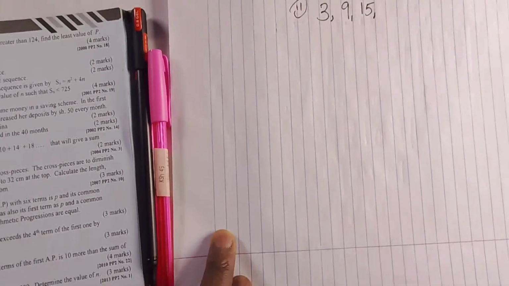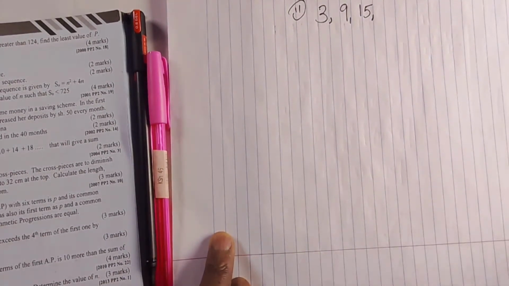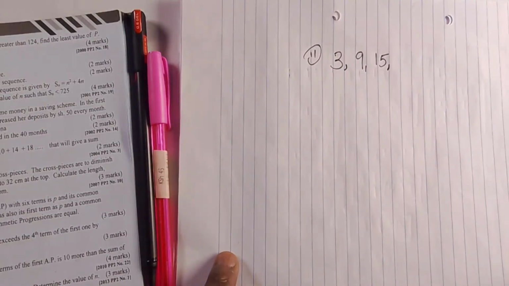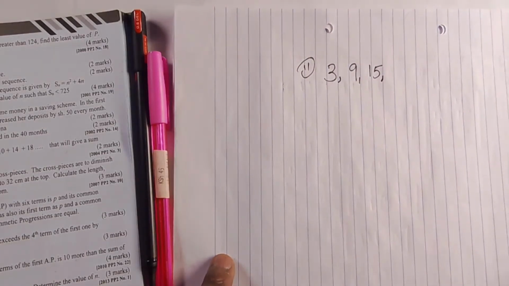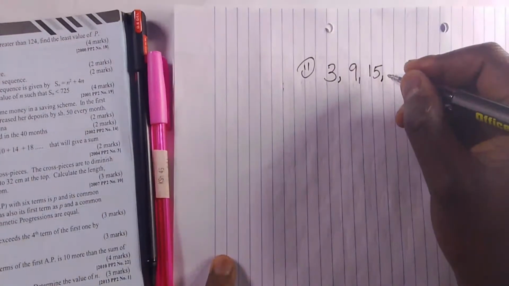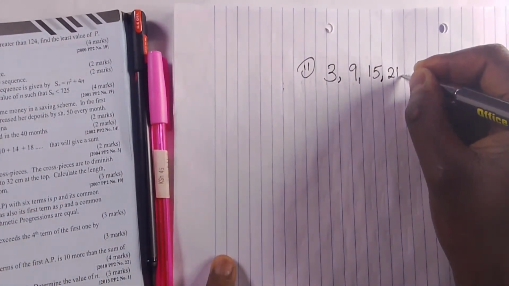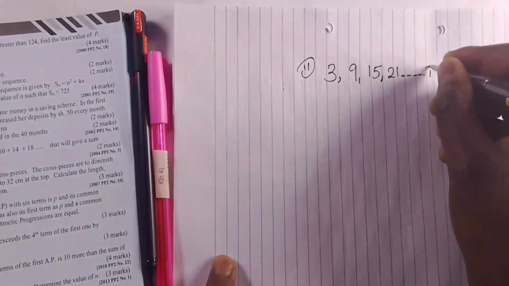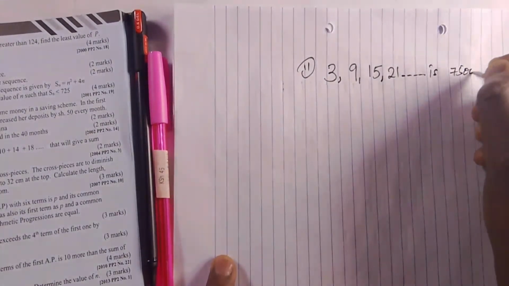The sum of n terms 3, 9, 15. Kwa nimezoom sana. 3, 9, 15, 21 na inaendelea is 7500.